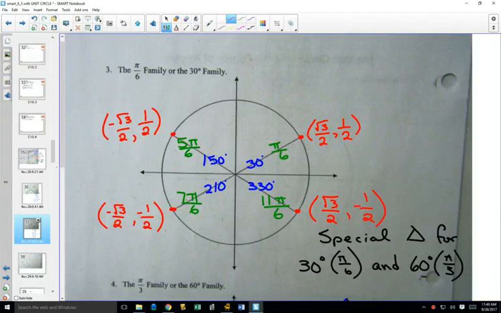So just like last time, the values in the coordinates in the same family all stay the same. Just the positives and negatives change according to the CAST rule, or according to where x values are negative and y values are negative. And finally, tan. Guess if I don't give you a head start, it's not really that fair.